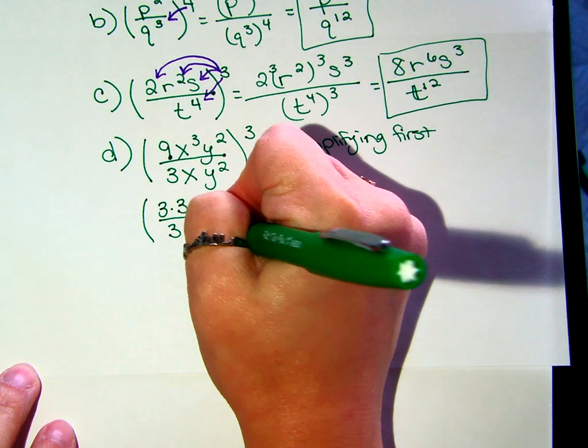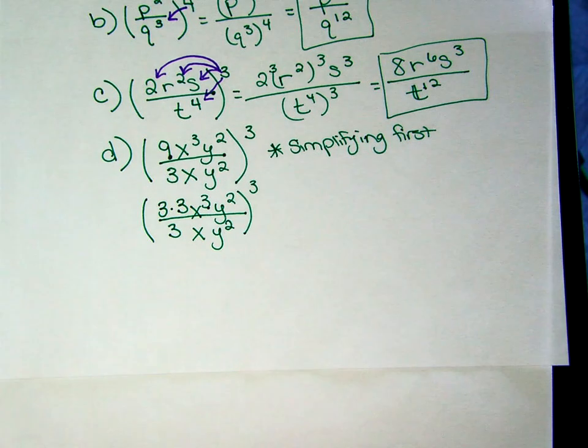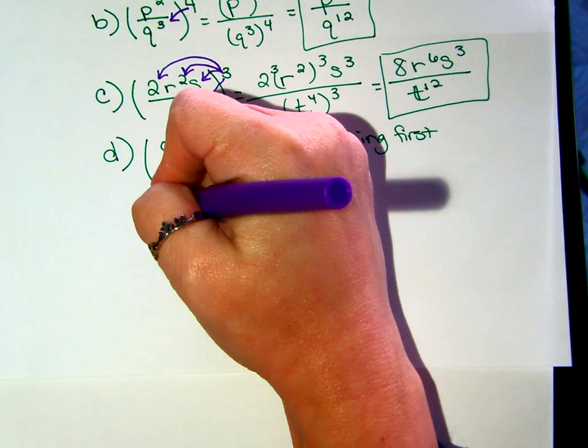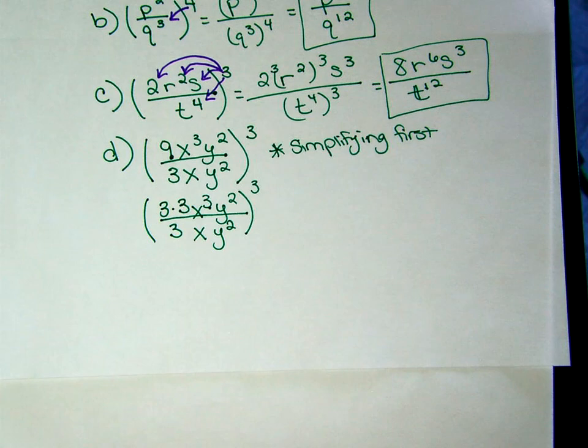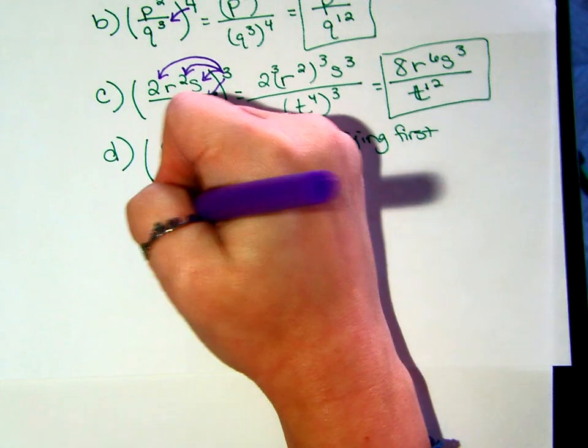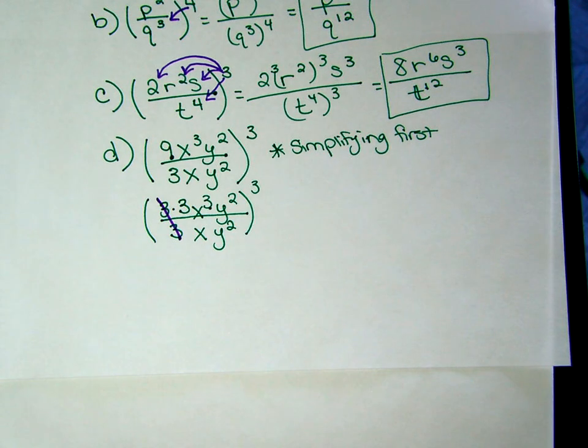But I like to do my numbers and split them because then it's really obvious that they both have a 3. And remember, we talked about a number divided by itself, or anything divided by itself, is 1. So 3 divided by 3 is 1. It goes away. So we can cancel that out, leaving us with only a 3 inside. And it's on top.